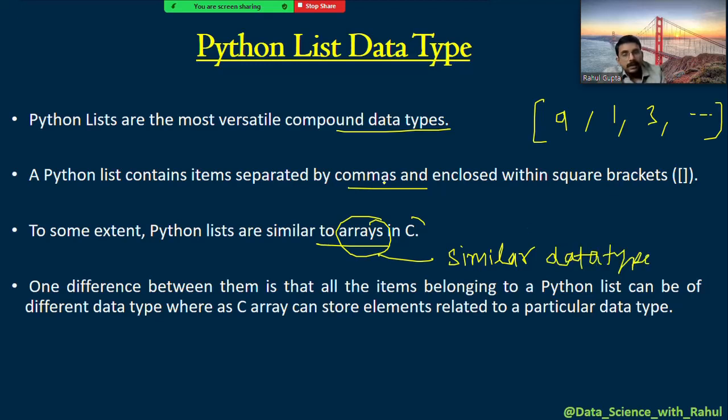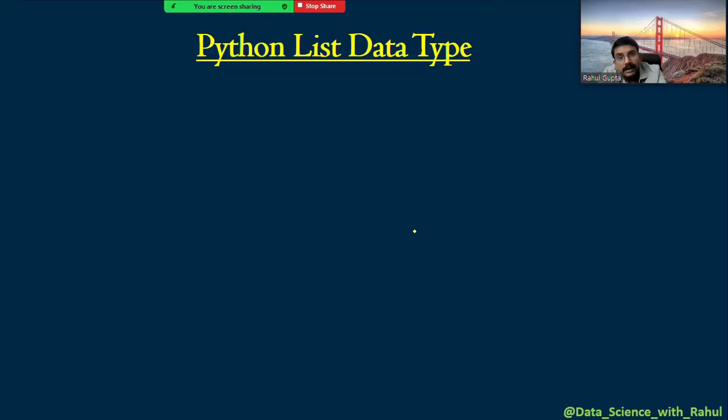That means if it has integers, it will have integers only. If it has floats, it will have floats only. You can't have a mix. But in a Python list, you can have a mix. You can have integer, float, string, everything in a single list. Wow, such a beautiful thing, isn't it? So this is basically what we call the list.